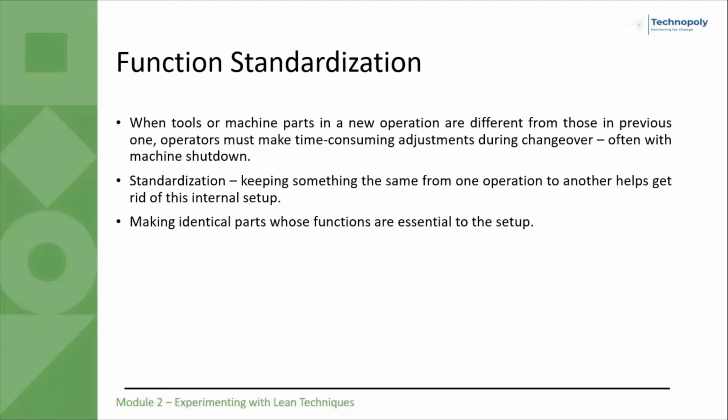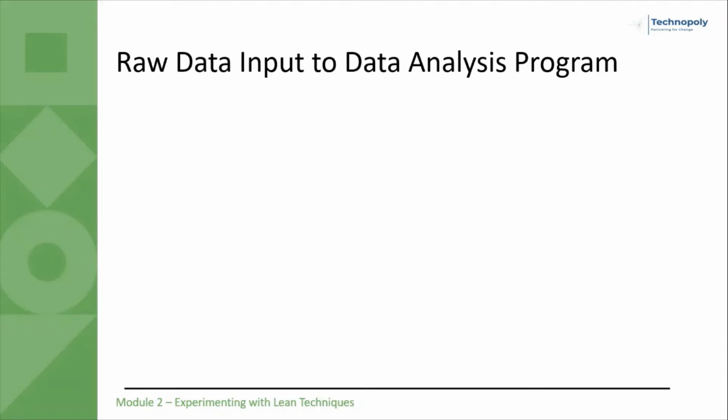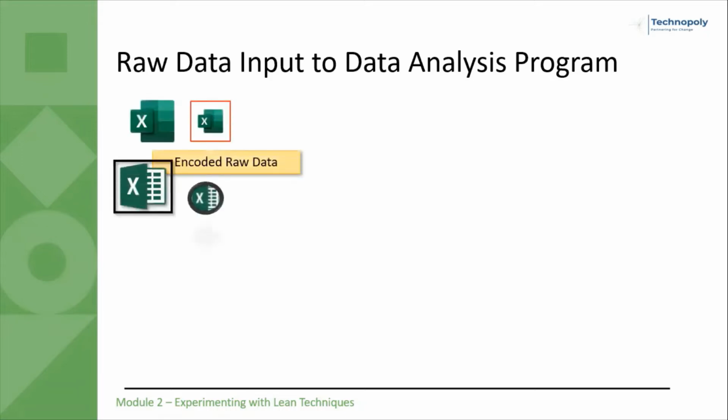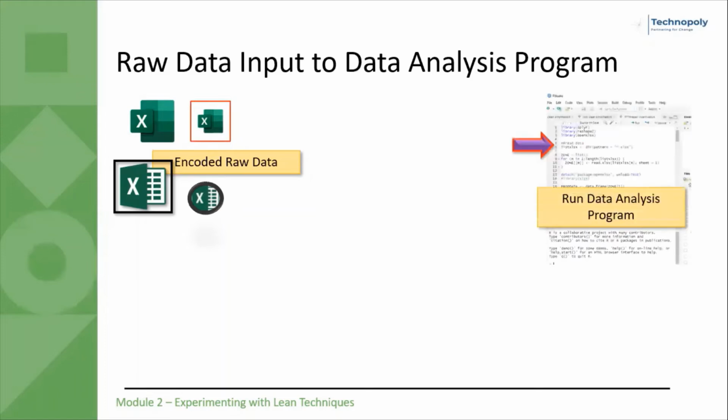To do this, we will look closely at each individual function in the setup process and decide which functions, if any, can be standardized. For example, we have a process where we need to do some data analysis on a certain set of data. The raw data encoded in Excel and coming from different encoders are submitted, and then we run a software for the data analysis.